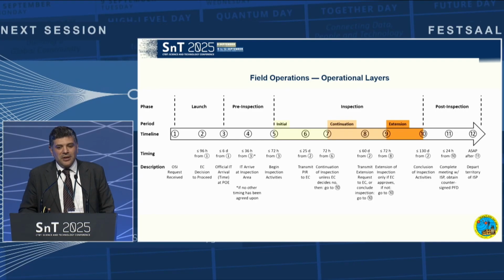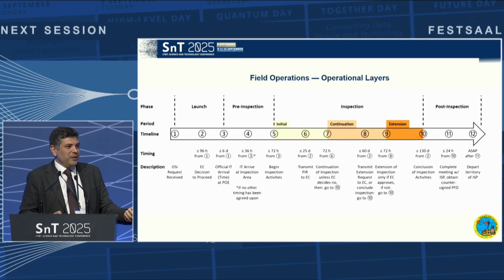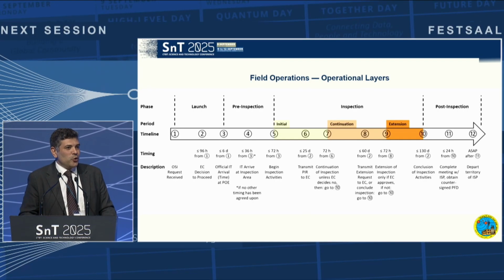If we look at the timeline of the on-site inspection, we will find it in hours. At 0 time, we don't have anything. After 96 hours, the EC, the Executive Council of the organization, has to take a decision about the on-site inspection. You can imagine at 0 hour, the inspectors are not in Vienna because we don't have a standing inspectorate.